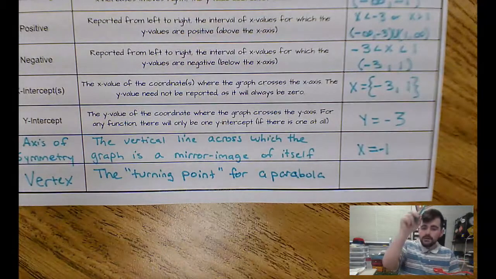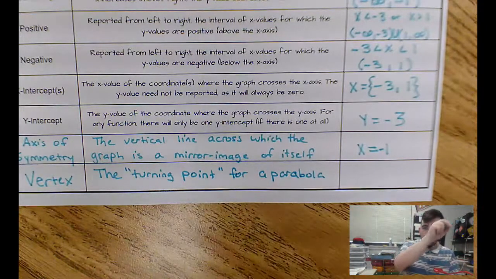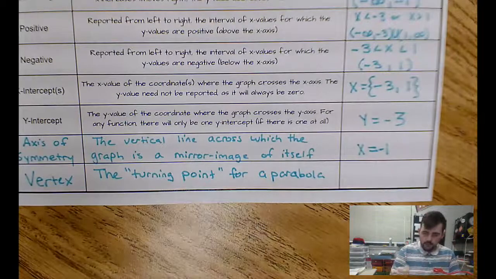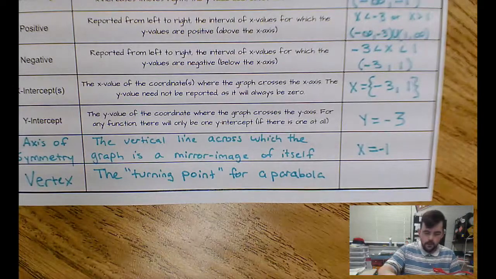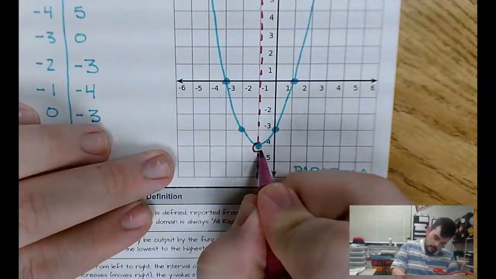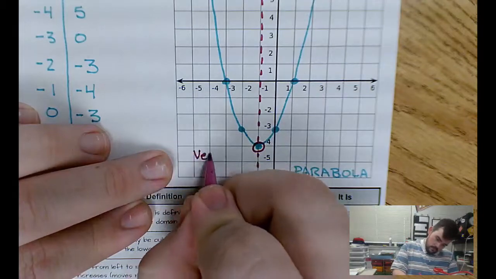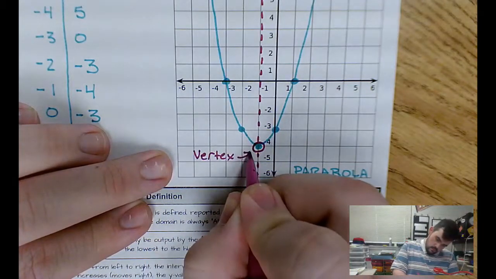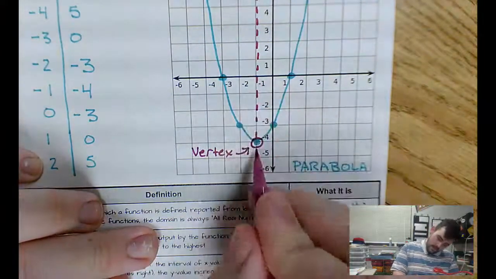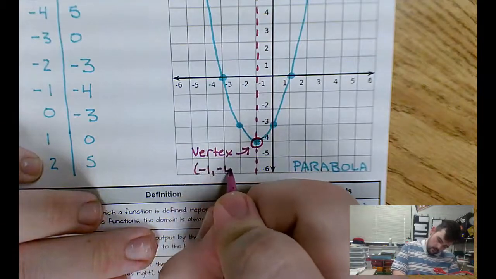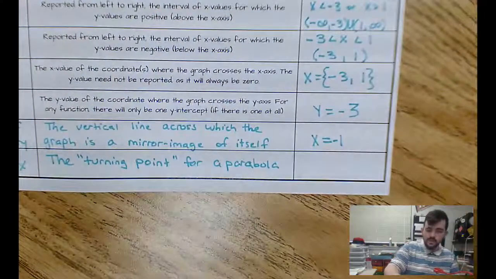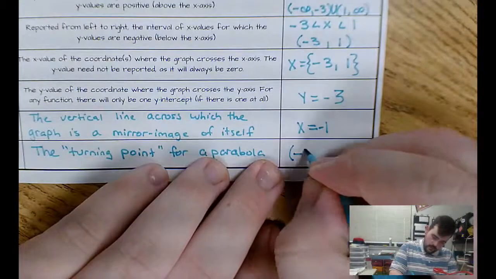Basically, if the parabola was going down, where it starts going up, or if it was going up, where it starts going down. Okay? The vertex for our parabola is this point right here. And the coordinate of that is -1, -4. Okay? And so that's the vertex. You just report the coordinate: -1, -4.